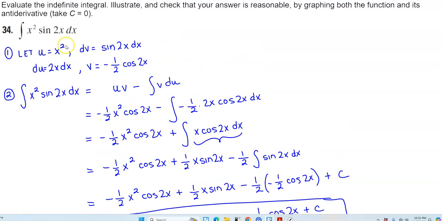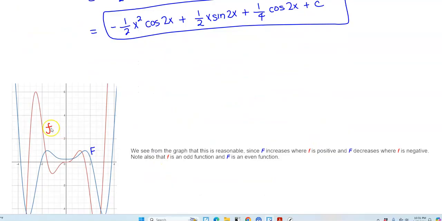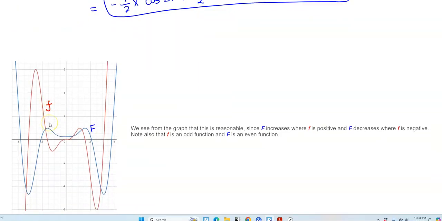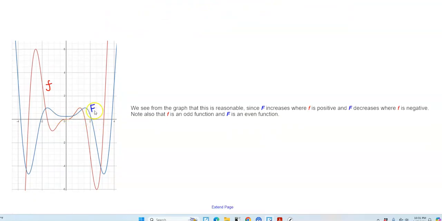And now we're going to graph this function with this function here when c is 0 on the same graph. The lowercase f in red represents the first function, and the other graph in blue, which is the capital F, is the antiderivative.